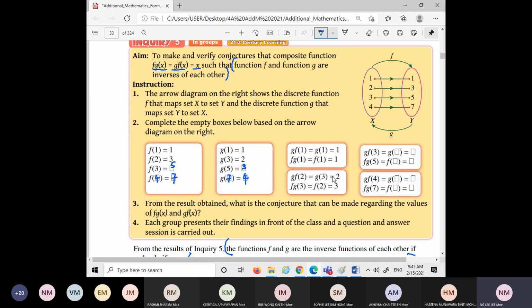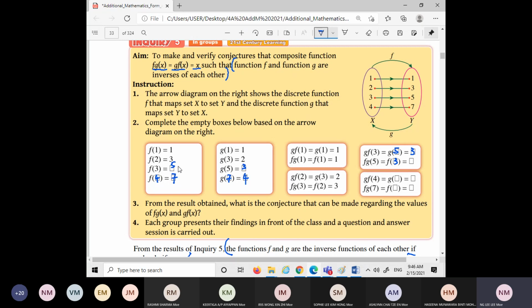This one I don't want to go through with you. I go straight to this. f(3) is 5, and g(5) is 3.